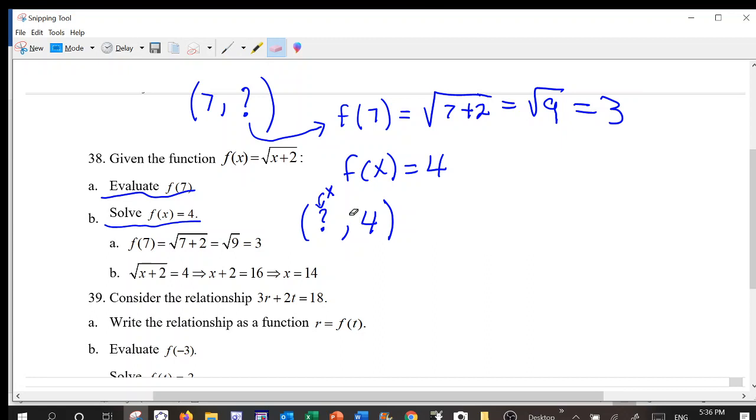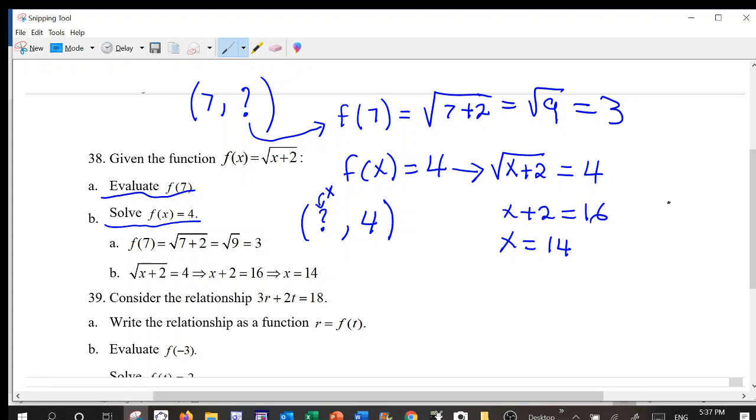Before, if we have x, what's f of x? Here, if we have f of x, what is x? So how do we solve this? Well, we know what f of x is, so this has to equal 4. So we solve this radical equation, which we talked about in chapter 2. You have to square both sides, so you get x plus 2 equals 16, so x is 14, right? So that's the answer to B part.